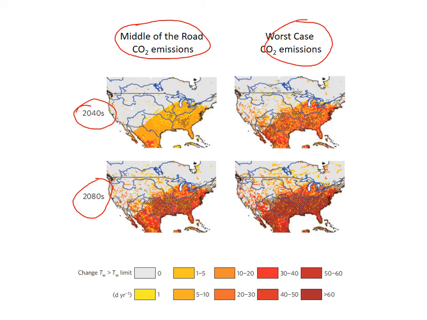And you can see that when you get out to the worst case scenario in the 2080s, there's a really big increase in the number of days per year, which is what this color is showing, where the water temperature is beyond the temperature limit for operating a power plant, right? So this is saying that a big part of the southeast in the 2080s, under the worst case climate scenario, more than 60 extra days a year, we'd have thermal power plants experiencing prohibitively high water temperatures.